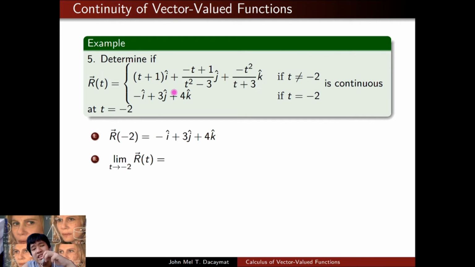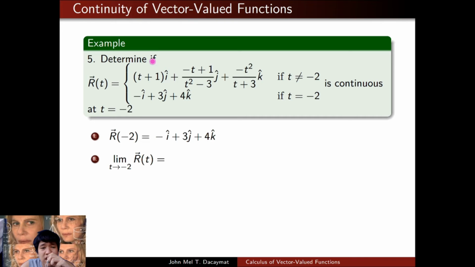Now, we want to get the limit kasi satisfied yung first condition. So, second condition, does the limit exist? Check natin. When we take the limit of r, although this is the one defined for t equals -2, again, when we take the limit as t approaches a, we want the values of t getting closer and closer to a, but not necessarily at a.